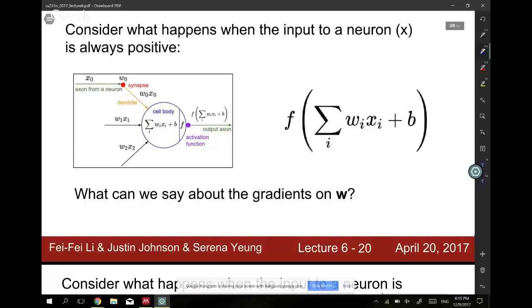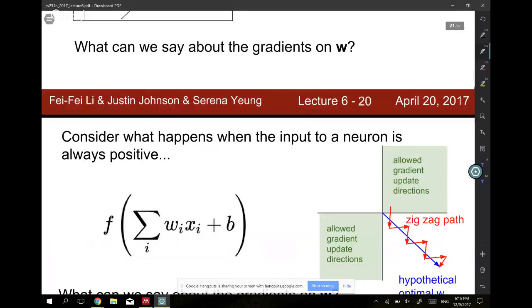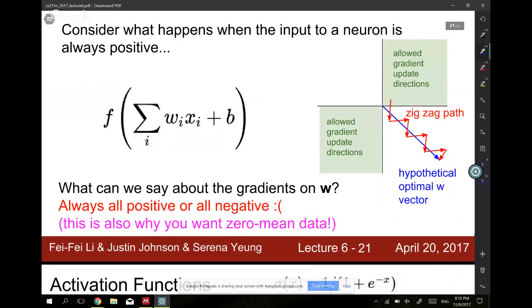It is just the local gradient, which for this linear function is basically X, times the upstream gradient. Since all the X are positive, it will be a positive number times the upstream gradient. So the gradients on W will be all positive or all negative, depending on the sign of the upstream gradient. This means the gradient updates can only move in certain directions, which gives very inefficient gradient updates.